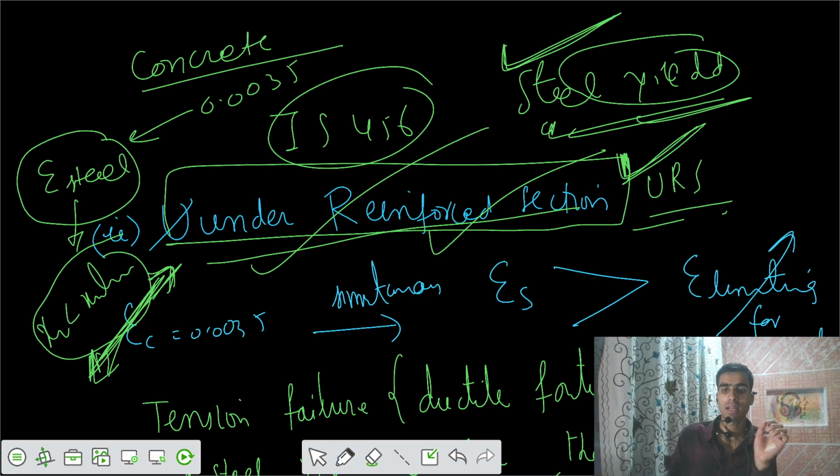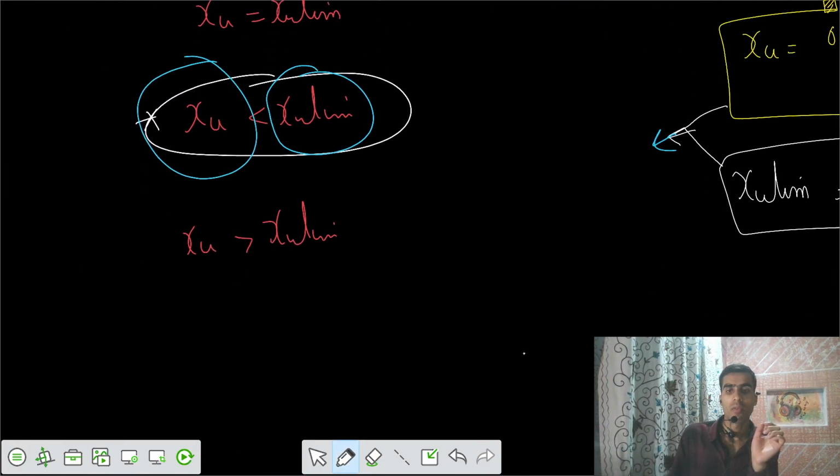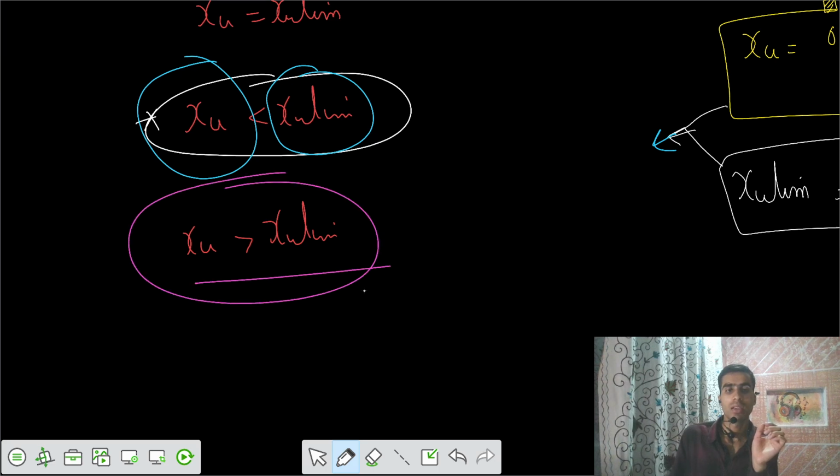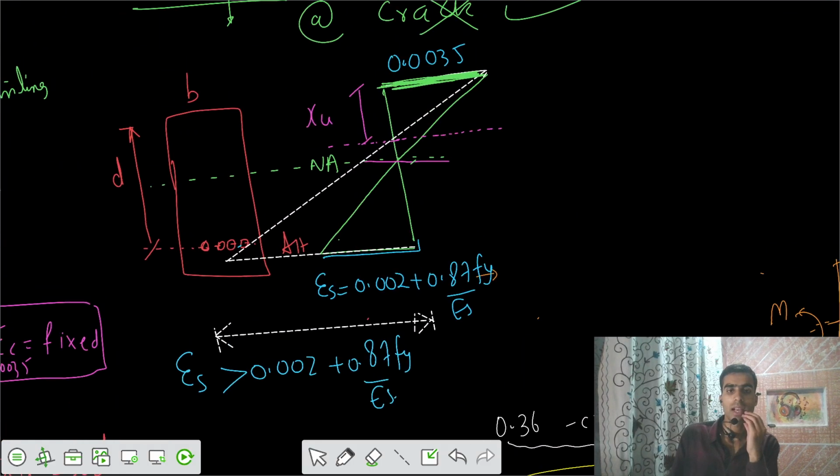And the third case is when XU is greater than XU limiting. Let's look at this from the diagram.